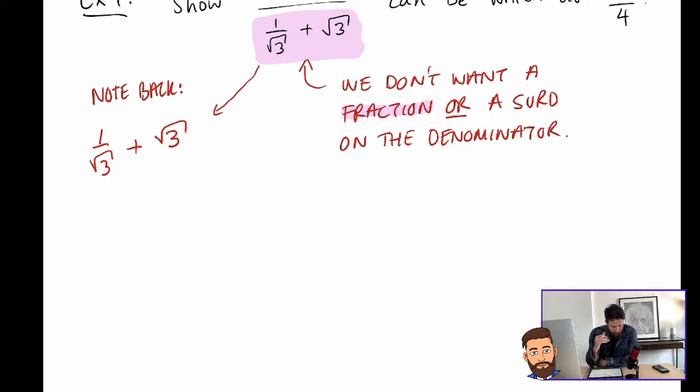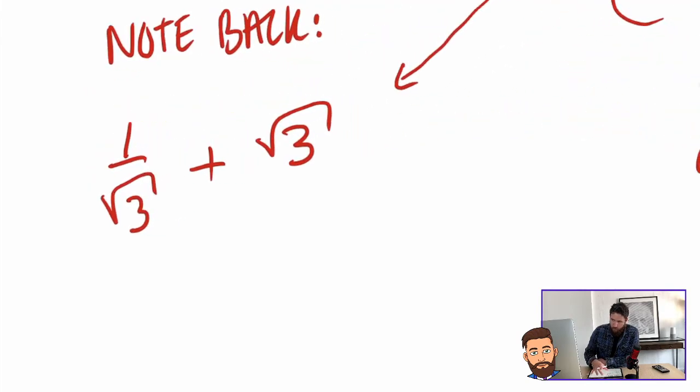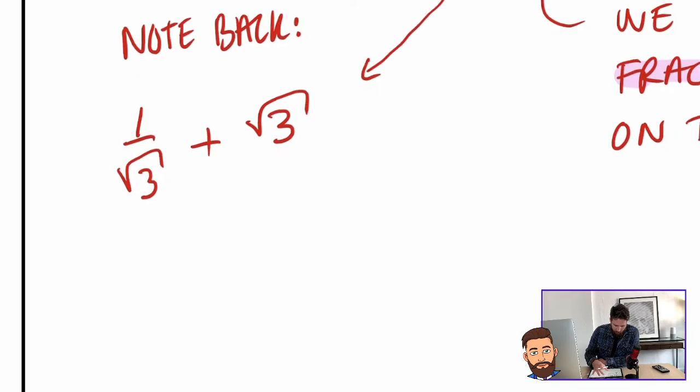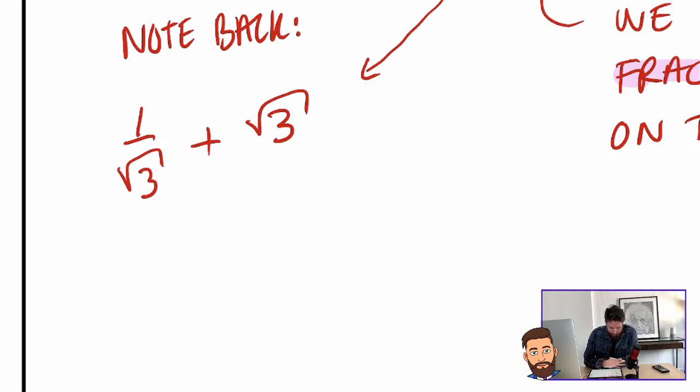So we're going to focus on, can we get rid of the fraction? And this is going to refer back to some very basic fraction rules and techniques. So let's focus in on this. We need to somehow eliminate this or get it as one fraction.